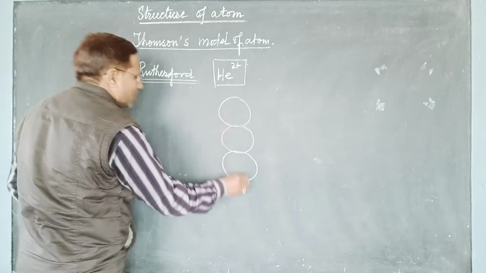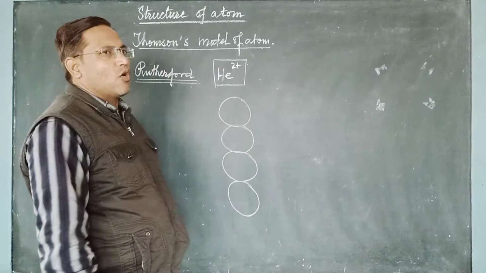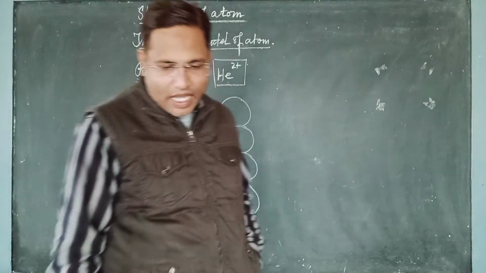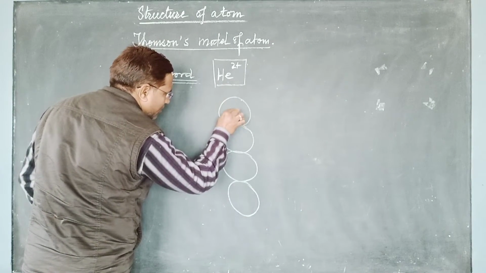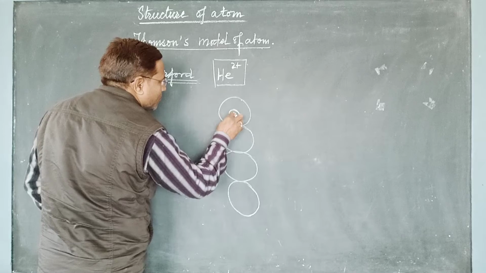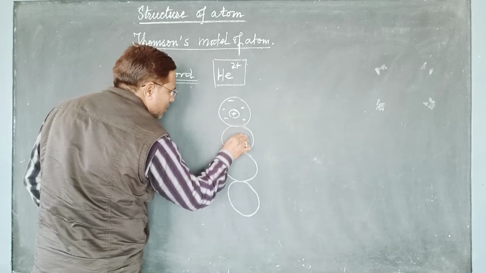Suppose these are the atoms of the gold foil. As it was thought at that time, protons are here and electrons are in this way.